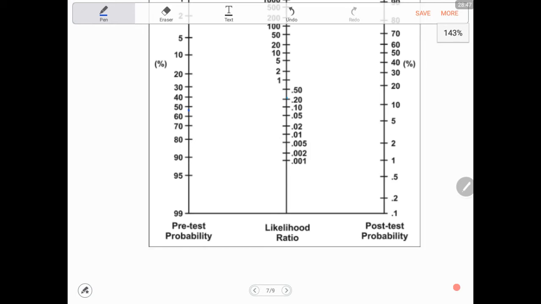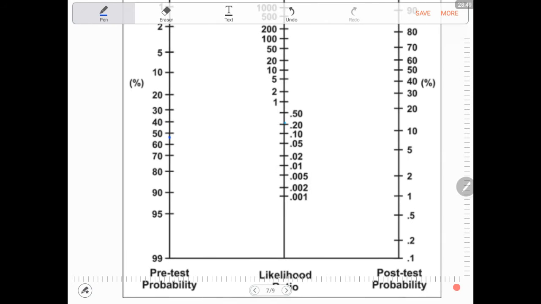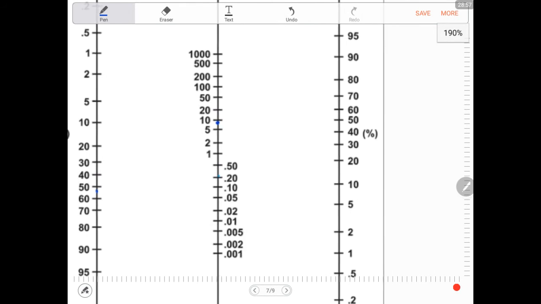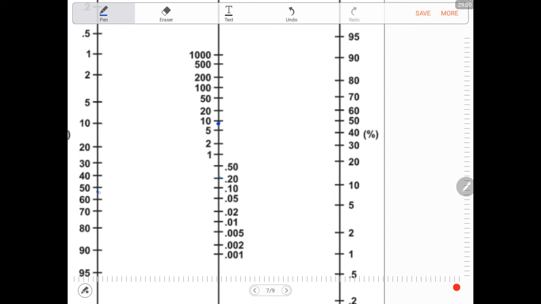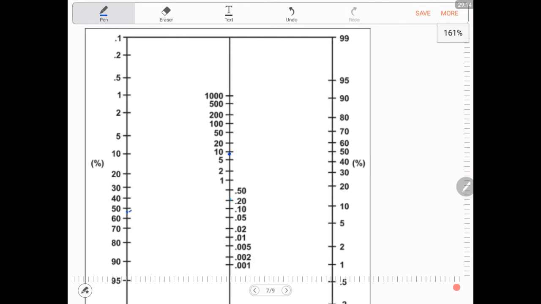So, likelihood ratio of 9. Medyo mataas. So, what you do is just connect the pretest probability and the likelihood ratio and then extrapolate it. Say for example, this one, wala akong ruler.